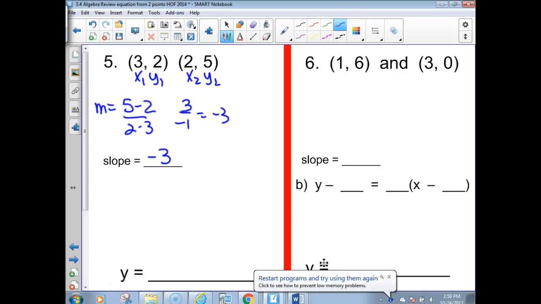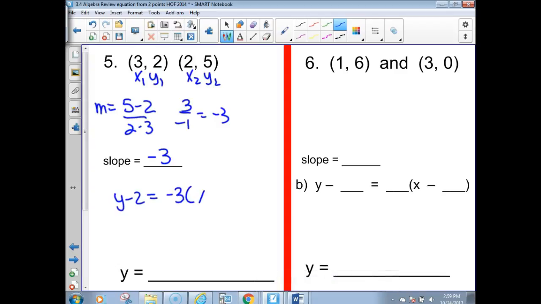Got -3 for your slope? Okay, keep going. I hope some of you are finding these a little easier now and they're kind of like, okay, just do it. Getting used to what you're plugging in. Number 5 should be done now: y equals -3x plus 11.